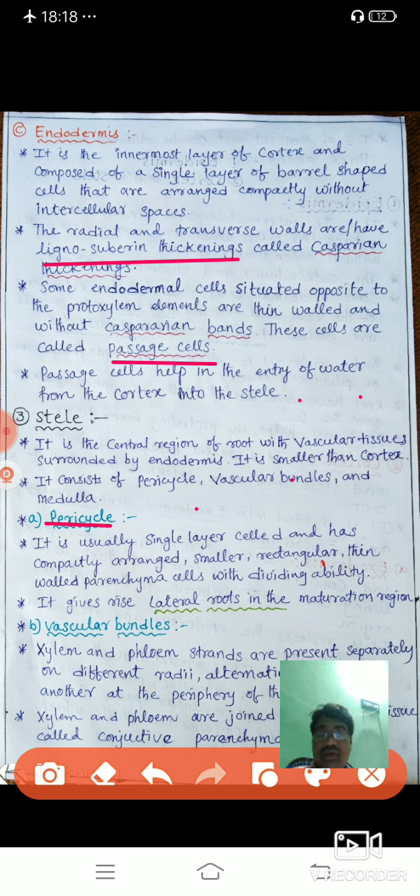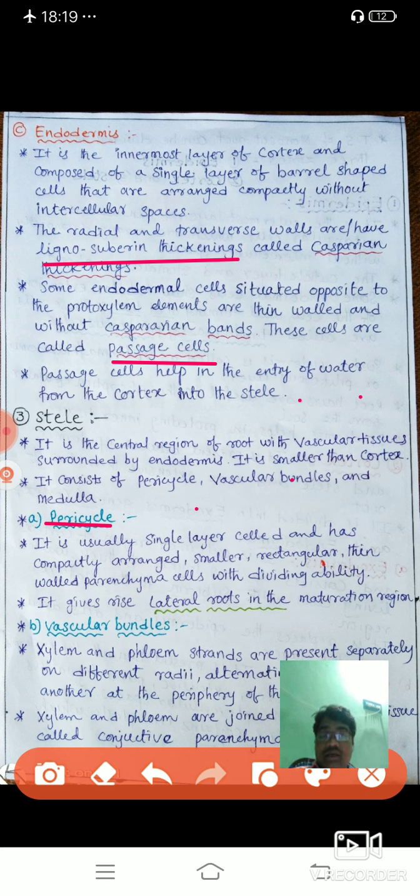Here the most important concept in the pericycle: in the monocot root there is no origination of lateral roots, but in a dicot root the lateral roots originate from the pericycle. That is the most important concept. In a monocot root there is no formation of lateral roots. Why? Because the monocot root has a fibrous root system.